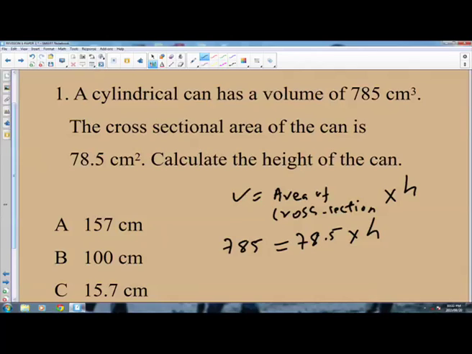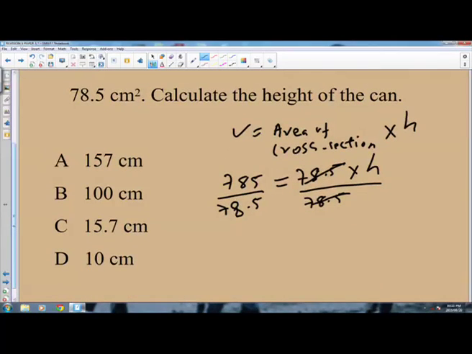And then to find h here, we will divide both sides by 78.5. And then the 78.5 on this side will cancel the 78.5 here. And then you have h as 785 divided by 78.5.